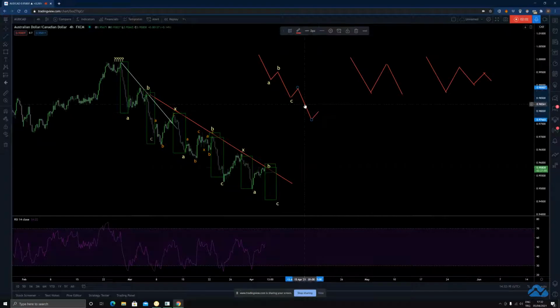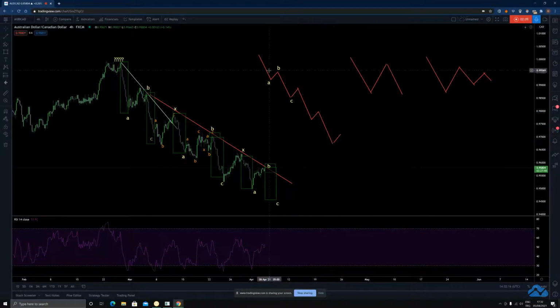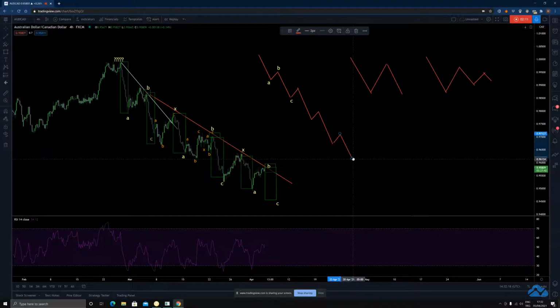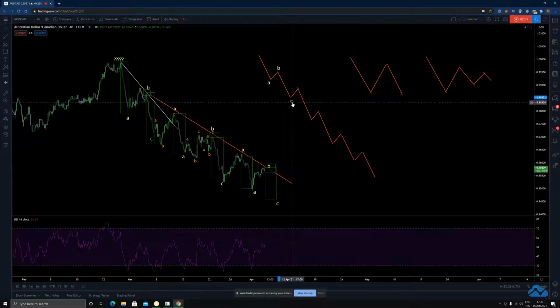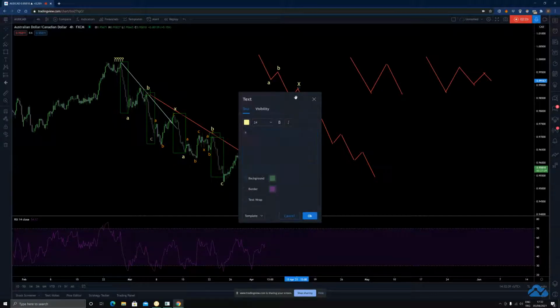Now, a triple zigzag does look like this. It has two X waves and three zigzags, hence the triple zigzag. What it looks like is this. So you have the first ABC, and then you have the X wave. Of course, this should be small.